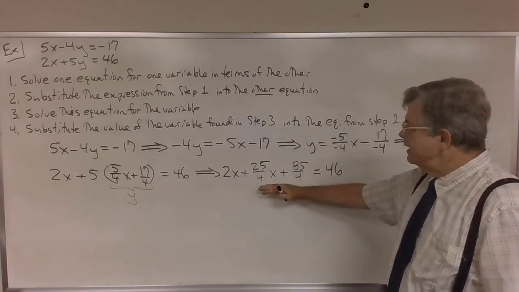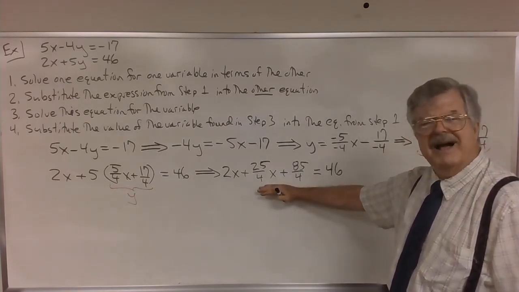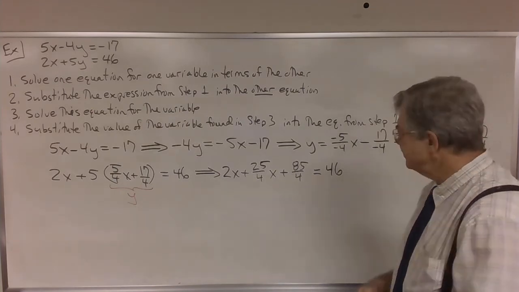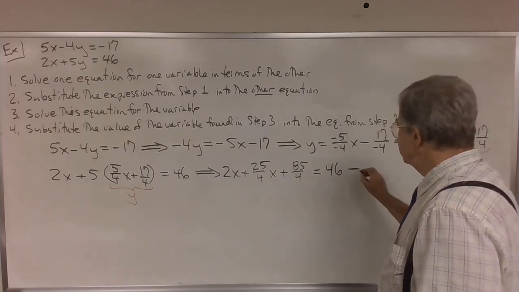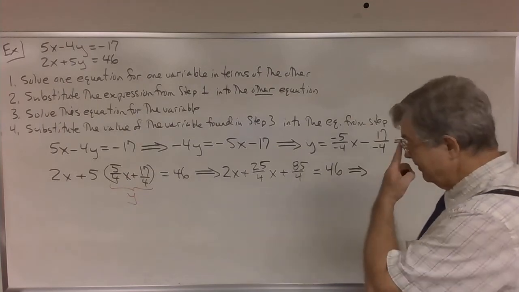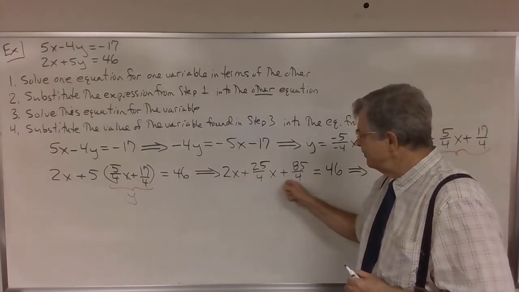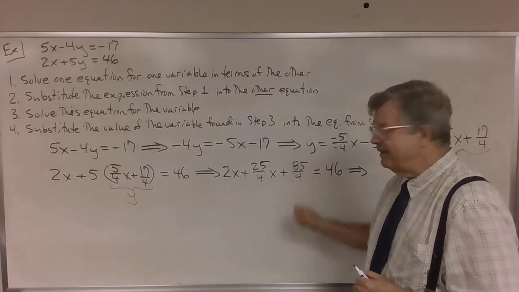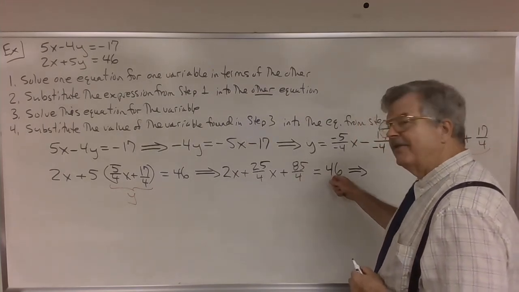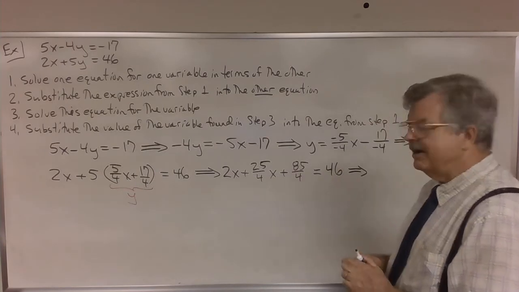What I should have done is look at this and say, I hate fractions, so how am I going to get rid of the fractions? If I multiply this side by 4, I'll get rid of the denominators. And then I have to multiply this side by 4 also.